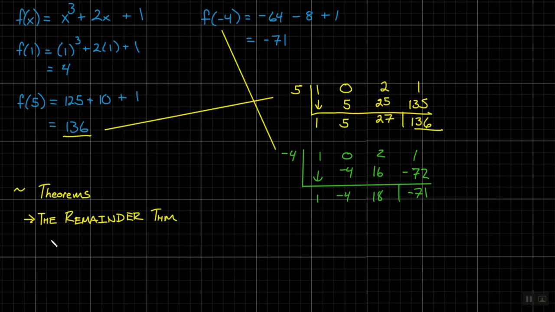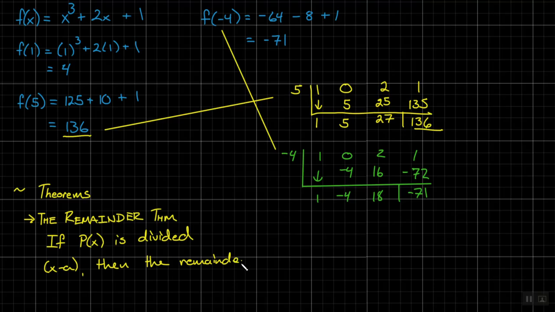When dividing a polynomial, if some polynomial, p of x is what we're going to call it for polynomial, is divided by x minus a, then the remainder is exactly p of a every single time.